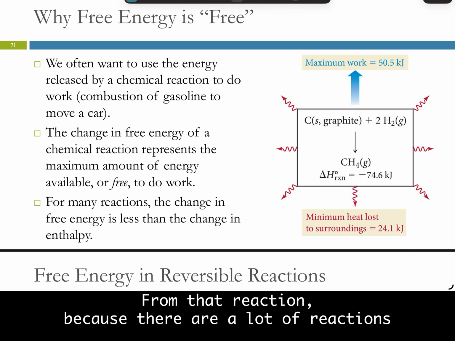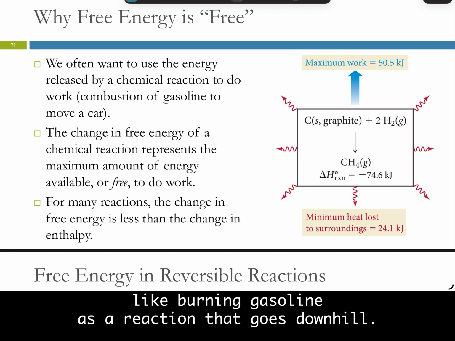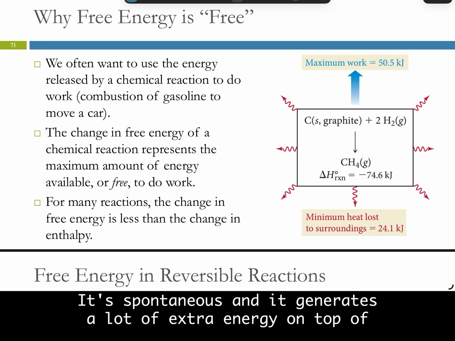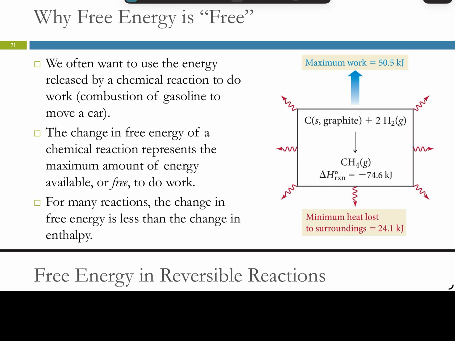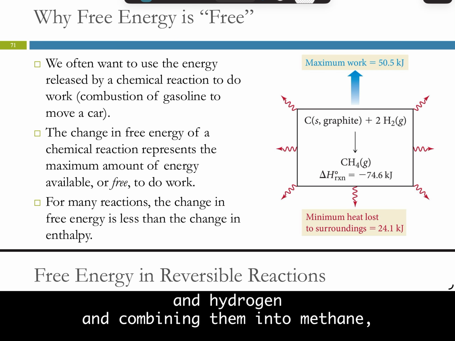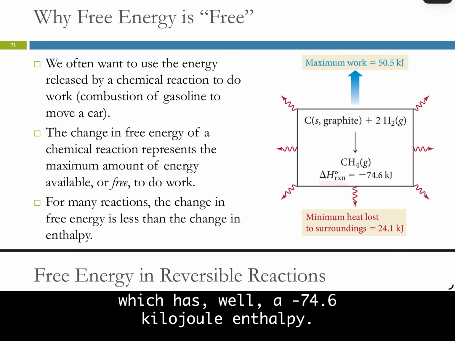Because there are a lot of reactions, like burning gasoline, that go downhill, it's spontaneous, and it generates a lot of extra energy on top of whatever needs to happen for that reaction to actually occur. Or taking carbon and hydrogen and combining them into methane, which has, well, a negative 74.6 kilojoule enthalpy.